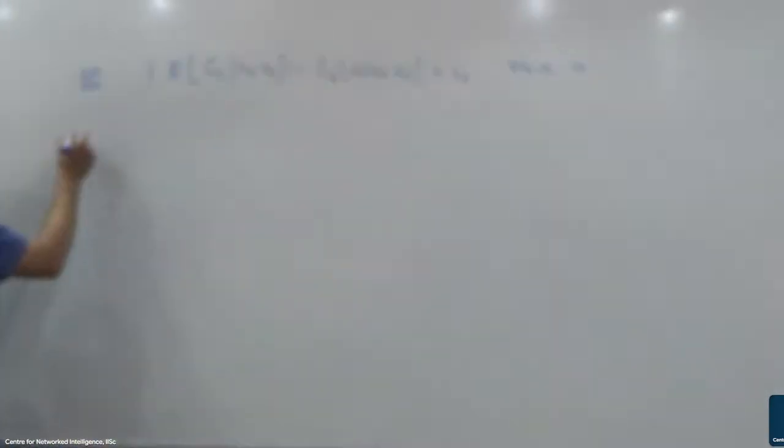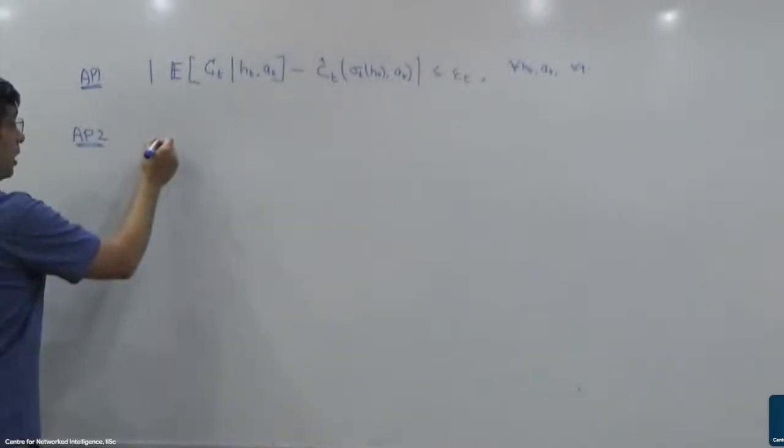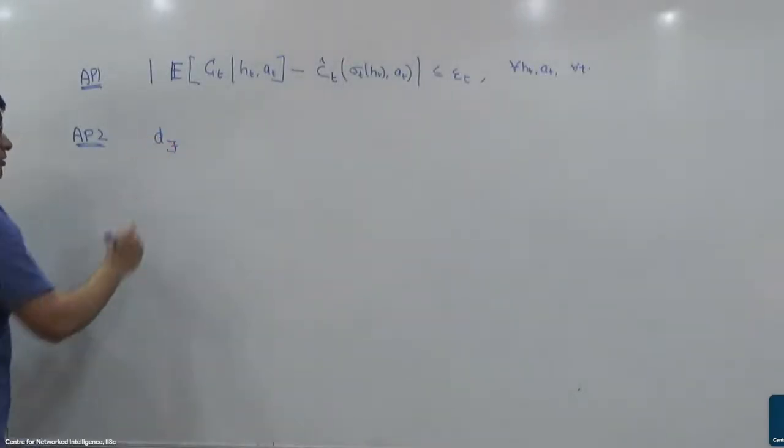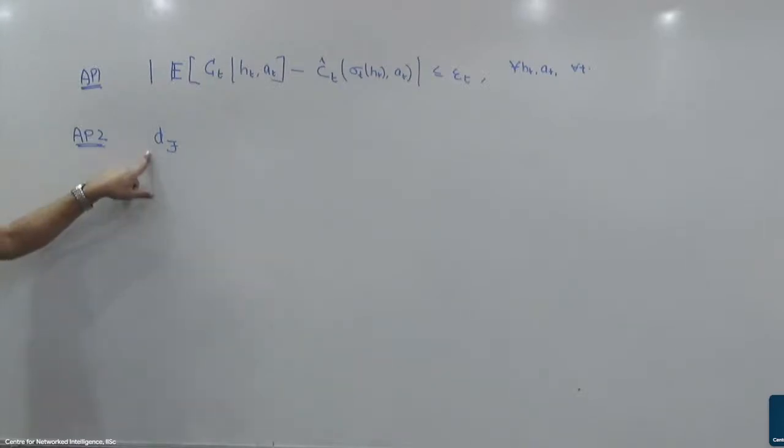And I'll define AP2. Now, I'm doing the same thing for the exactness in distribution. I'll say, instead of being exact, if I have an approximate match in distribution, then I'm okay. And I'll have to take that approximation with respect to some measure on probability spaces, and I'm going to use an IPM here.